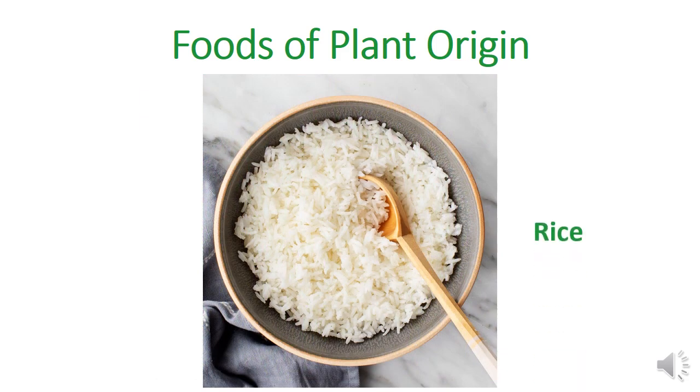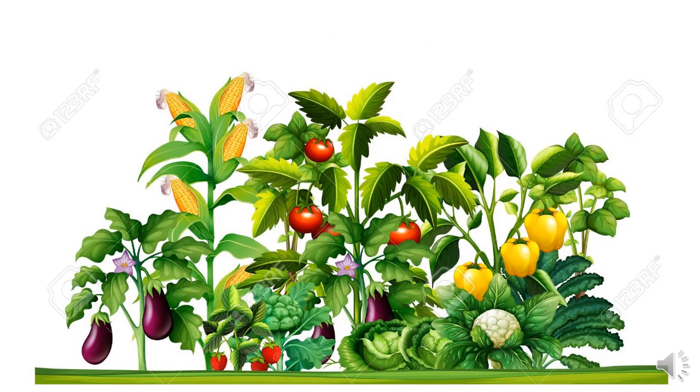So the rice, as you saw, comes from a plant. So it is also of plant origin. So all of these are some of the foods that we eat that come from plants, like vegetables and fruits.